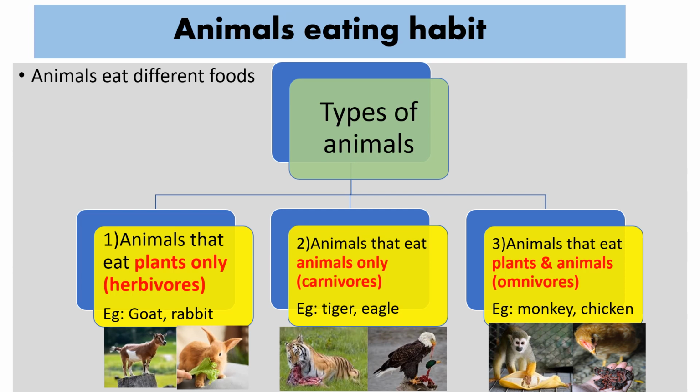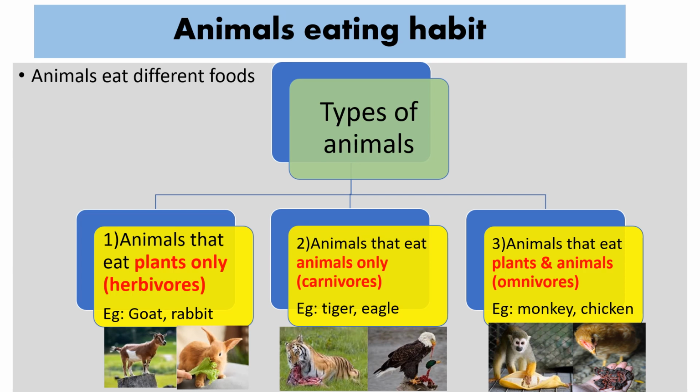From this slide, you can see that examples of animals that eat plants only are goat and also rabbit. Okay, second type of animal is carnivore, animals that eat animals only. Examples are tiger and eagle.